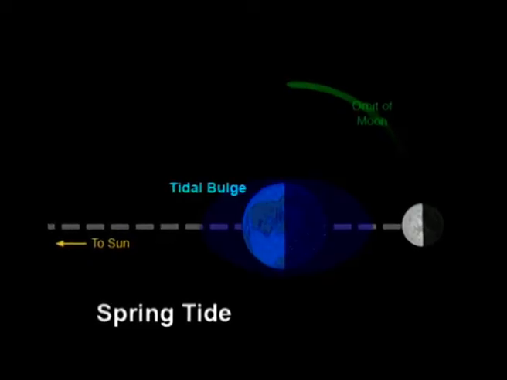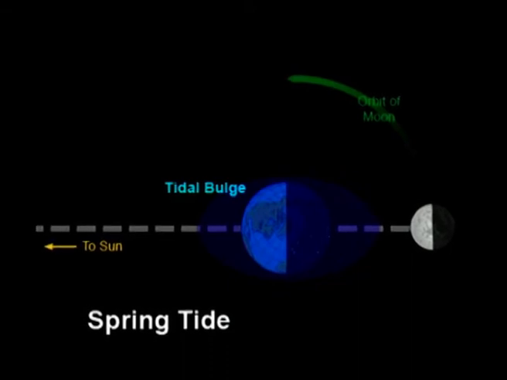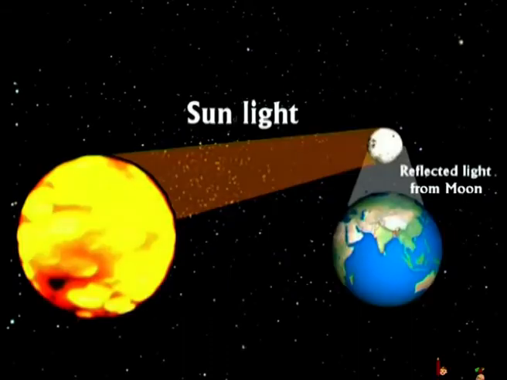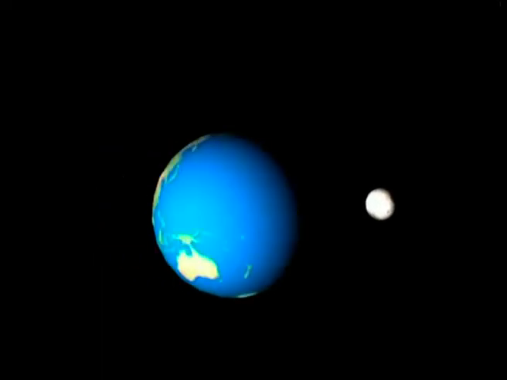Then the monthly variation of the tides. Spring tide: it takes the moon 29 and a half days to orbit the earth. The sun, the earth and the moon move in and out of phase with each other.